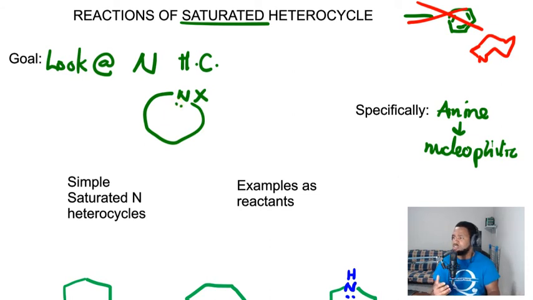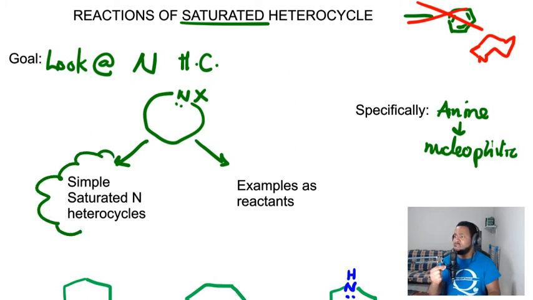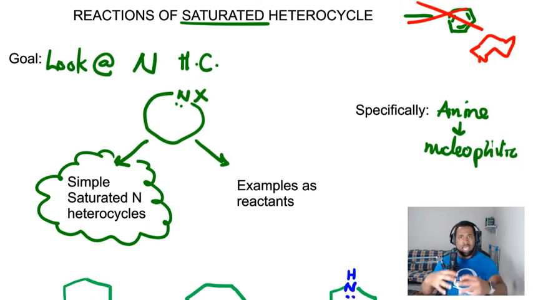And so for these compounds, which are amines, we're going to be looking at two things. One is we're going to look at simple saturated nitrogen heterocyclic compounds first, and identify these compounds that you might find in big compounds in nature that are used not only in medicine but also in pharmacy.